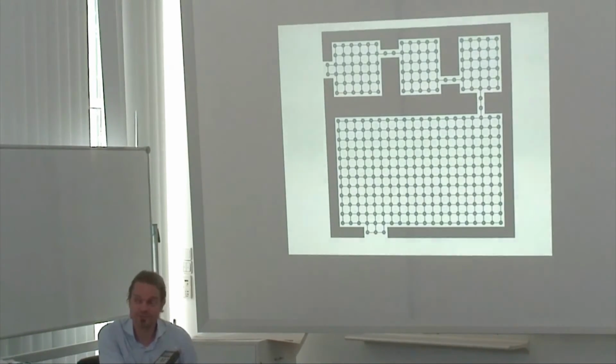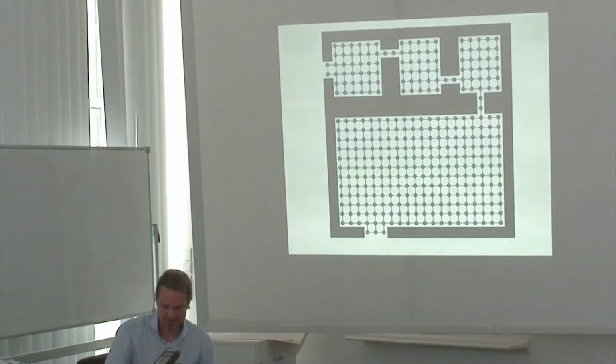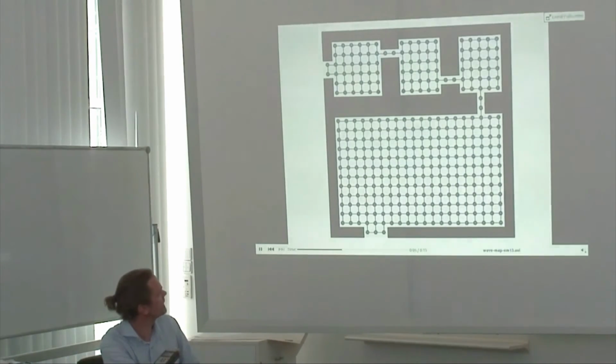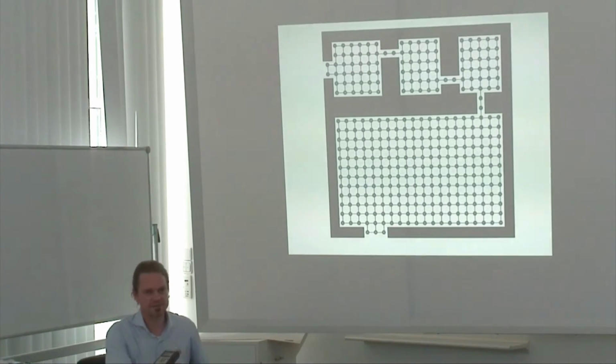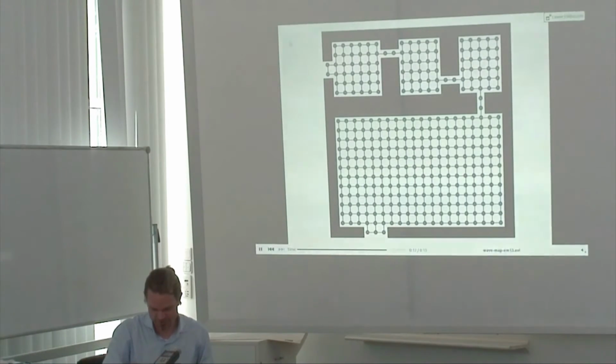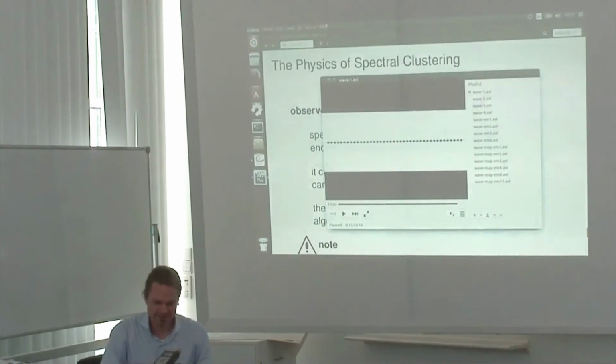But we can use the information encoded in these eigenmodes to subdivide the graph into parts. 13th eigenmode. I don't even know what that means anymore. Even though we can picture it, it's still hard to understand what that actually says.